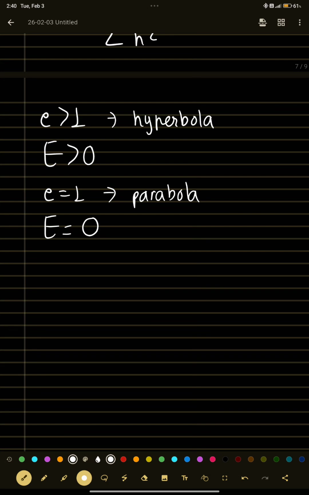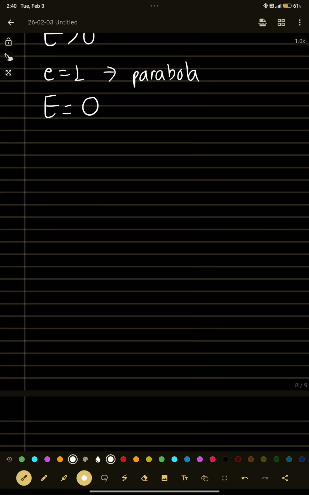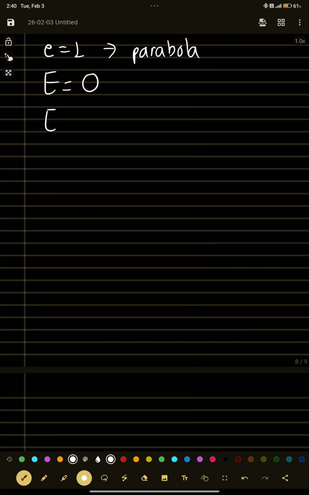But if you are giving velocities more than the escape velocity, then at r equal to infinity it will still have some velocity. So that is an insightful thing, at least to me. But then when will you get E less than 0? When? So it's an ellipse.